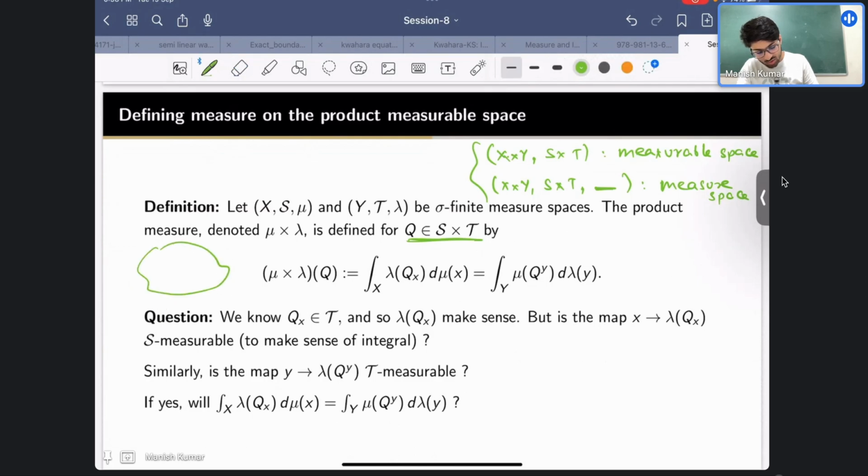Suppose this is your Q, and we are talking in R^2, for example, or any X cross Y. Suppose this is your x, and this is your Q_x. We said that Q_x will be T measurable, so this lambda of Q_x makes sense.